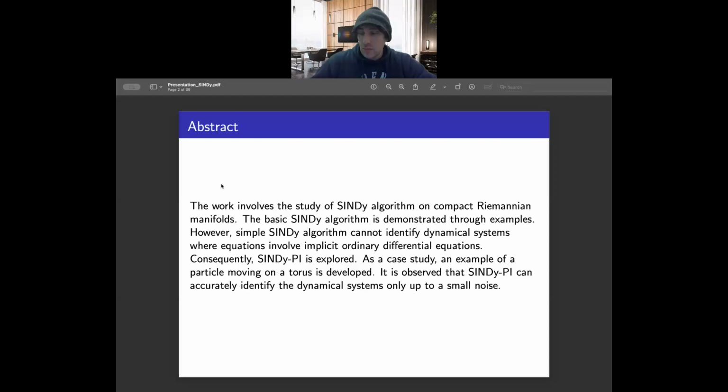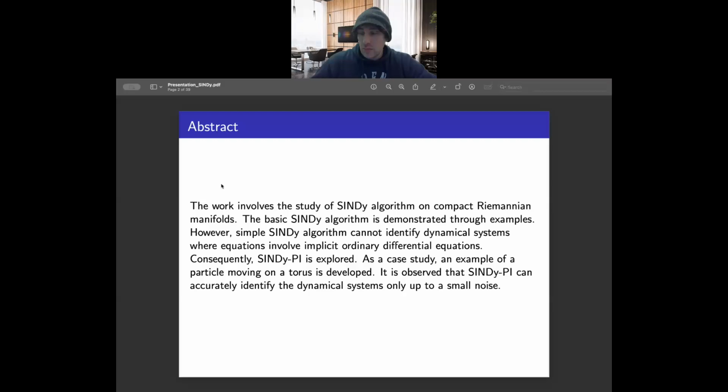Next, we saw that the simple SINDy has some issues, which I will explain during this talk. Then we moved to SINDy-PI, explored that method, and constructed a few examples using it.